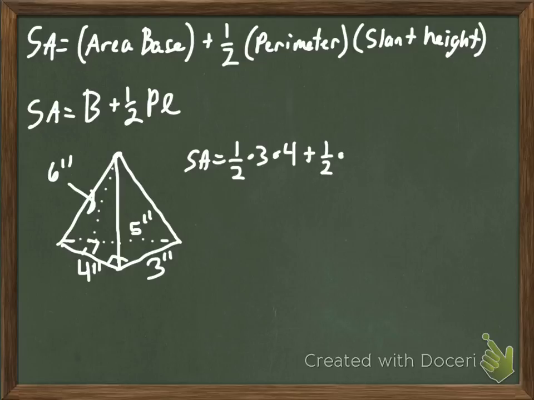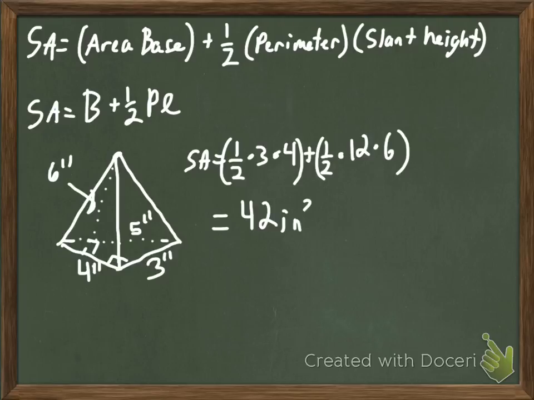So 3 plus 4 plus 5 makes 12, times 6, which is the slant height. And then we're going to plug that into a calculator, and I suggest that you put these in parentheses before you plug it into the calculator. You get 42 inches squared. So the surface area of that pyramid is 42 inches squared.